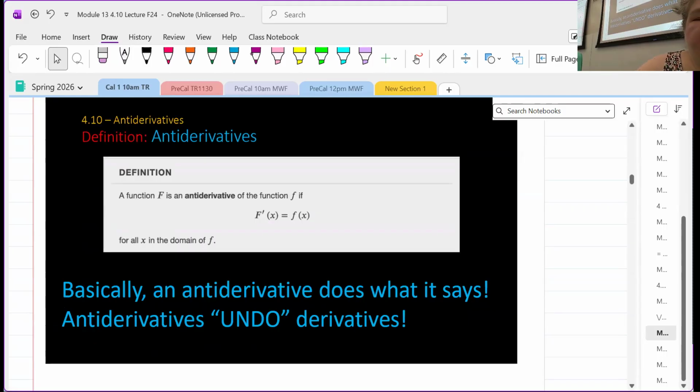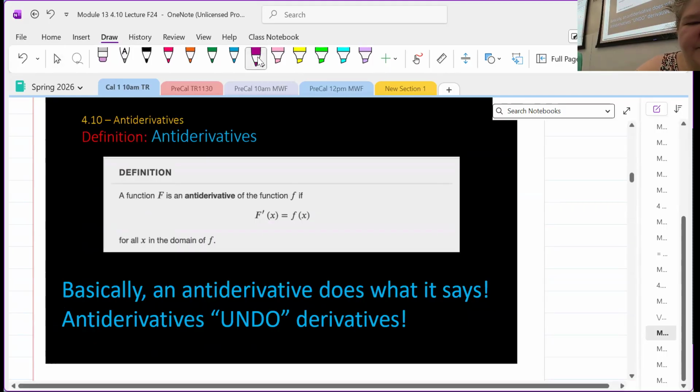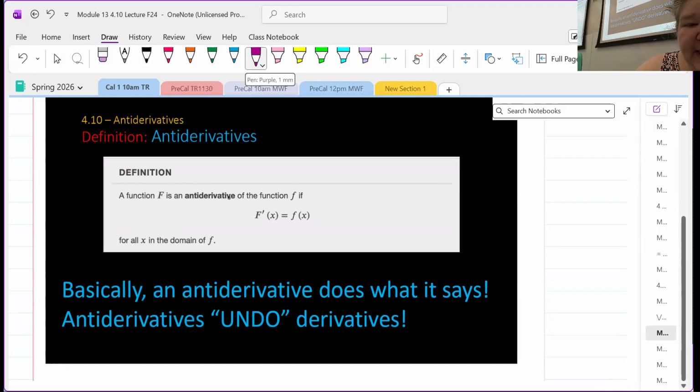Now, the notation we use for an antiderivative is we say a function capital F is the antiderivative of little f if the derivative of capital F equals the original function.